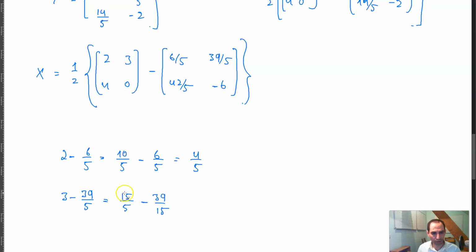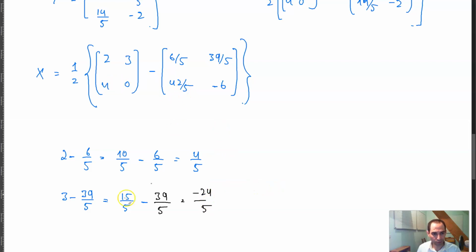Now 39 minus 15 is equal to 24, so that's negative 24 fifths.